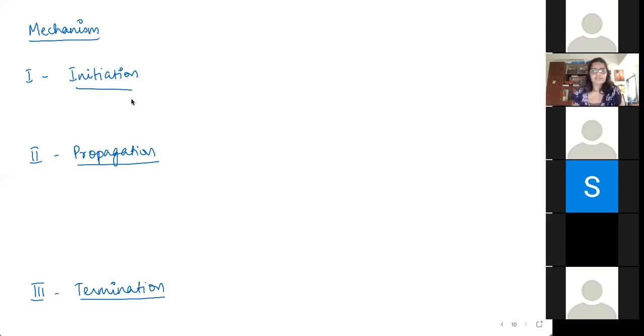So initiation, this reaction starts when the halogen molecule, let's say if you're taking chlorine molecule, in the presence of light, this bond breaks and you end up getting free radicals. Okay, so this is the important initial step for this reaction to take place.